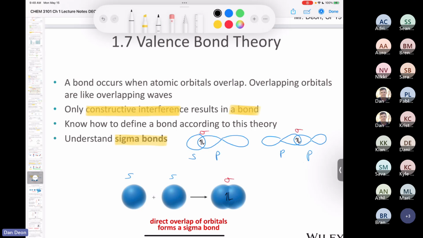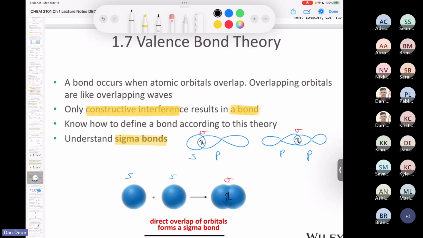Can I ask you guys a question that would take a little bit more text to answer? Could anybody tell me, what does it look like when I have two p orbitals that form a pi bond? It's not really what we're talking about at the moment, but I thought I'd just quiz you on this. How do they overlap to form a pi bond? Because so far, all we're talking about are sigma bonds. Did anybody answer that?